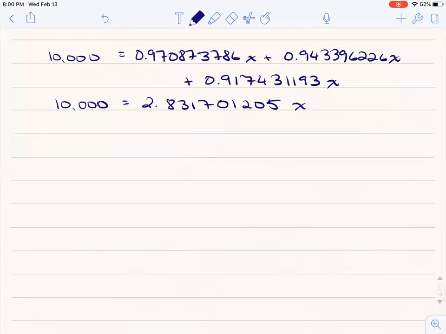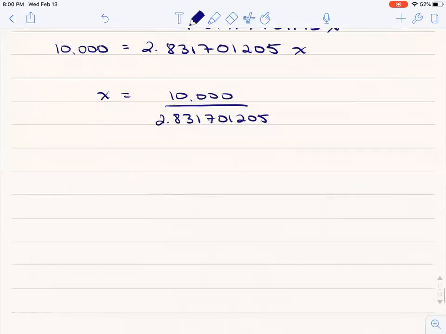Solving for X, we get X is 10,000 divided by 2.8317012005. So X must be 3,531.45.